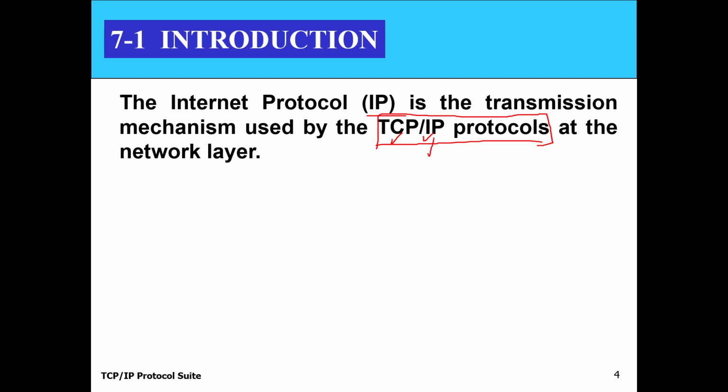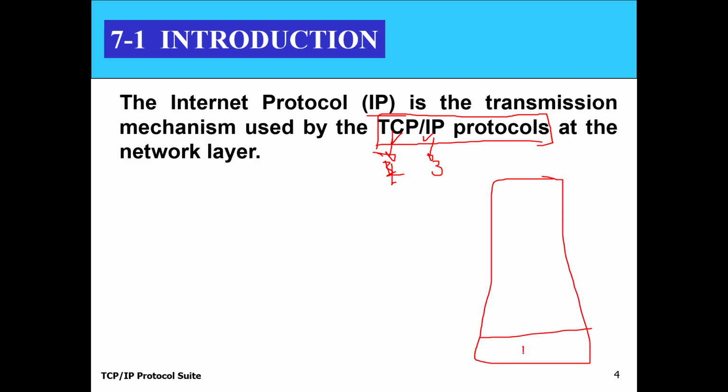So IP runs in layer 3, in the network layer, and TCP runs in layer 4, in the transport layer. It's also very important to remember the OSI reference model.